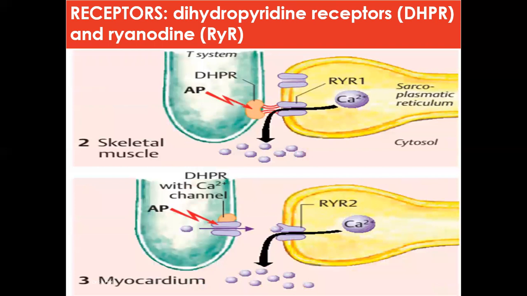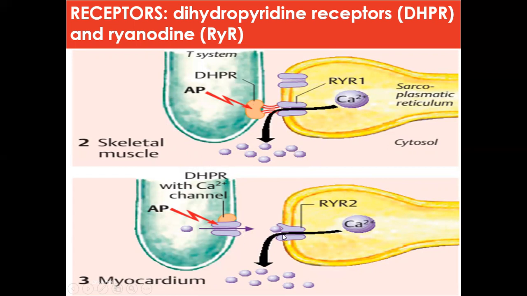Okay. So it's basically the same information here, the difference between skeletal muscle and the myocardium. In skeletal muscle, there is a mechanical connection between the dihydropyridine receptor and the ryanodine receptor. Once there is an action potential, it will stimulate a change in the dihydropyridine receptors that will cause the opening of the ryanodine receptors. In myocardium, it's different. There's no mechanical connection.